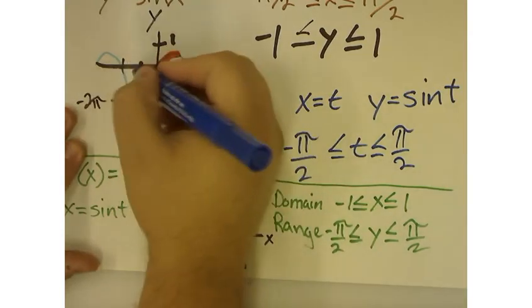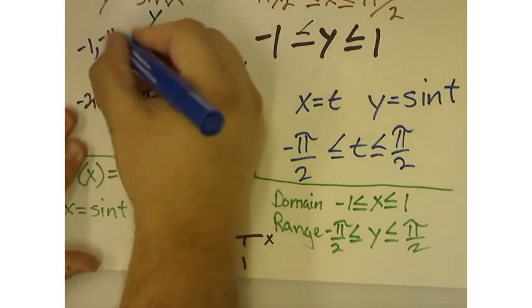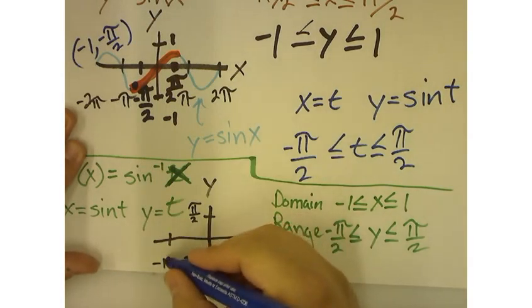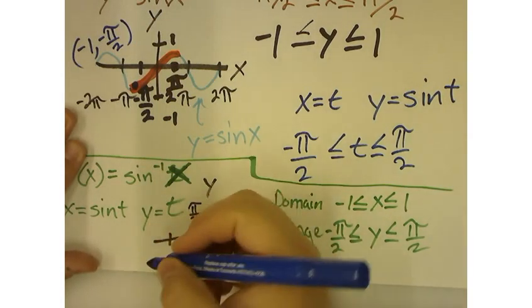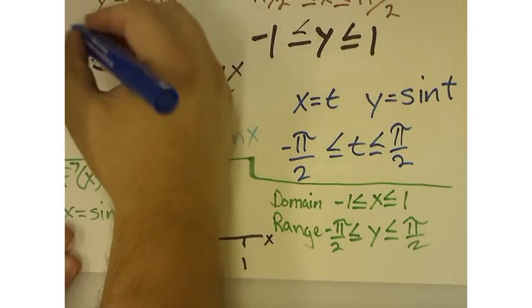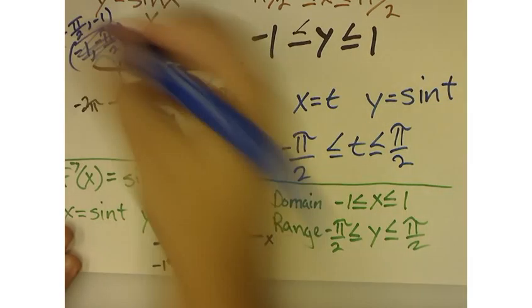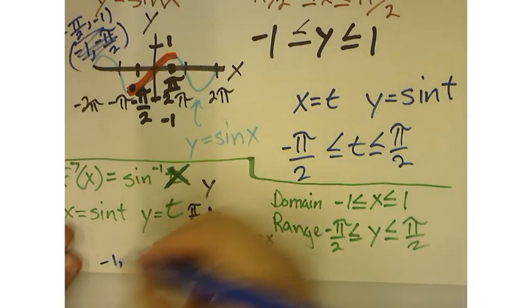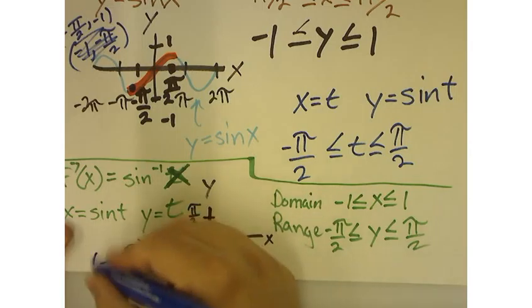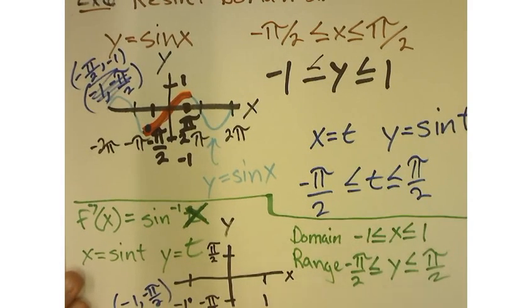This point here is -1 comma negative pi over 2. Oh, I'm sorry, I wrote down the inverse version. This is negative pi over 2 comma -1, and so over here it would be -1 comma negative pi over 2. So what I'm doing is, with my upper and lower boundaries, we're just flip-flopping the x and y values, okay?